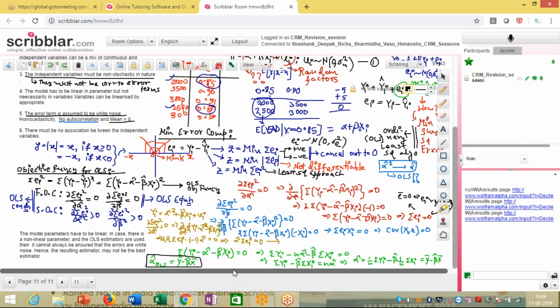So how can we interpret alpha over here? Now alpha hat. Let's first look into how an intercept can be interpreted.